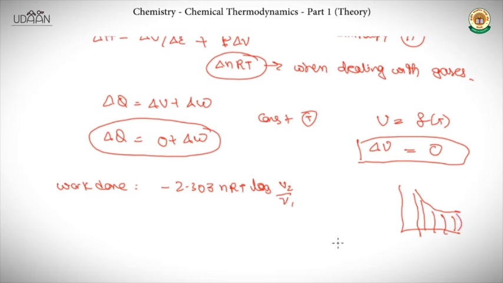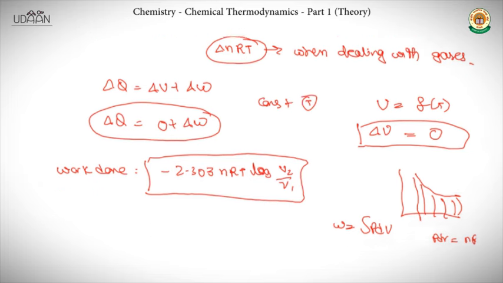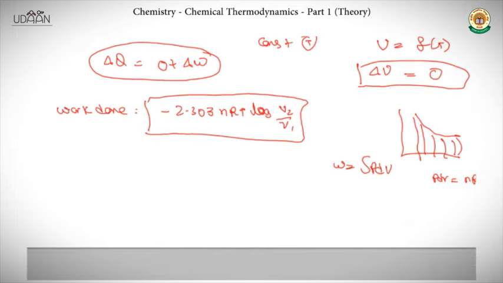So we'll be integrating the integral of P dV, where P is nRT by V. By changing these things, we'll get this: work done equals minus 2.303 nRT log V2 by V1. Remember this formula. This will be useful in calculations of work done in the isothermal case.